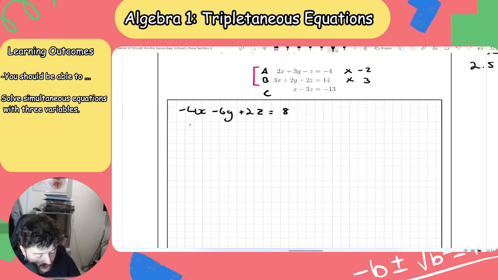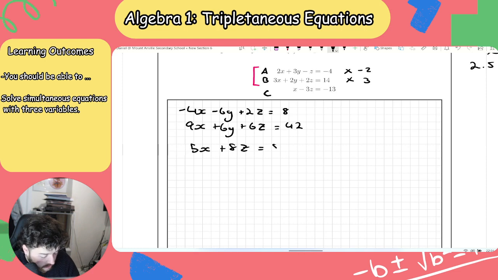Then at the bottom I'm going to have 9x plus 6y plus 6z is equal to 3 times 14, which is 42. Add them up, I'm going to have 5x plus 8z is equal to 50. So that is one of my equations here.